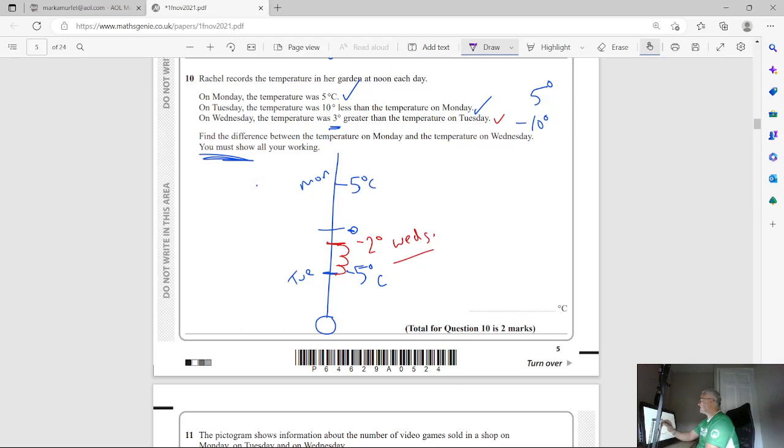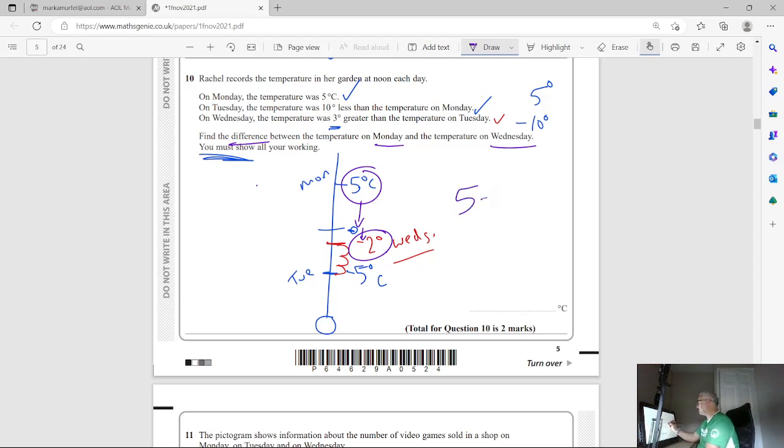The question states, find the difference between the temperature on Monday, this one, and the temperature on Wednesday, this one. Okay, so I want to know how many steps we're going to have to do to go from Monday to Wednesday. Well, I do 5 steps to go to 0, and then I've got to do another 2 steps. Okay, remember differences subtract.